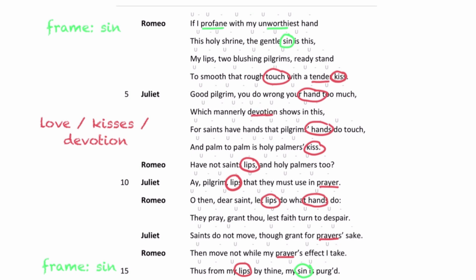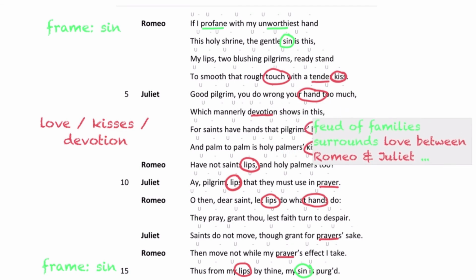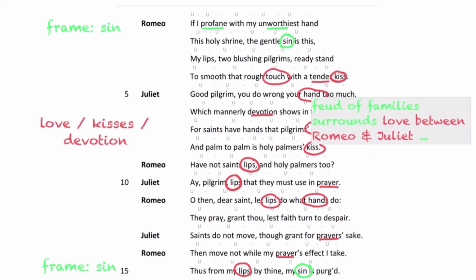All these words that come up more often, pairs, repetitions, underline the two belonging together, whereas the frame underlines that there's something surrounding the love of these two, standing in the way of it, which I think could be the feud of the families that surrounds, like a frame here, the love of Romeo and Juliet, and actually then foreshadows that this is not going to end well.